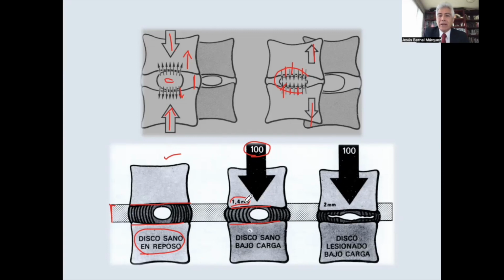When it is no longer healthy, when the disc is already beginning to dehydrate, the nucleus pulposus no longer has as much water, and the annulus fibrosus no longer has as much collagen, if we load it with the same 100 kilograms, it is not going to recover the same 4 millimeters. Now it will decrease 2 millimeters for each intervertebral disc. And then this increasingly damages our intervertebral disc.